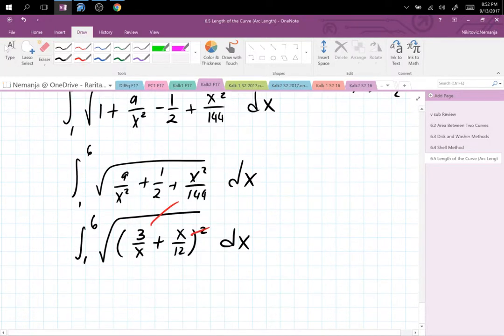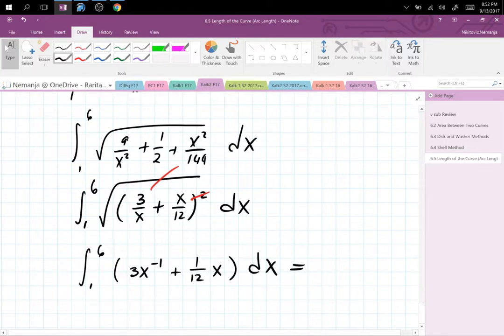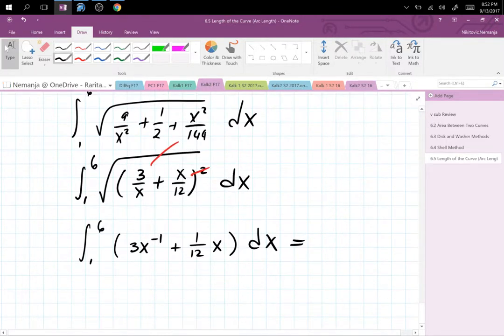The integral kills the square, and we get to integrate now. We have 3x to the minus 1 plus 1 over 12 x to integrate. Don't forget the parentheses because it's times dx.